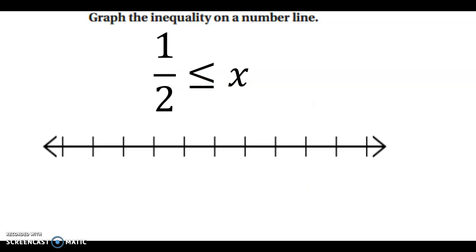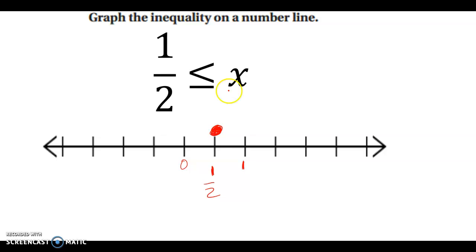And this one, try it. So I'm going to put 1/2 somewhere on the number line. That would be between 0 and 1. Okay. Does have the equal to symbol, so it is going to be closed circle.